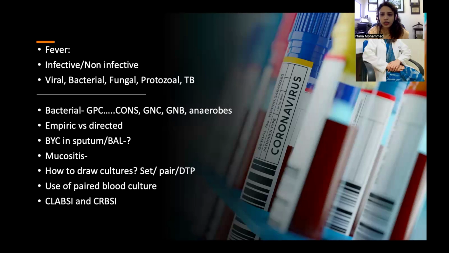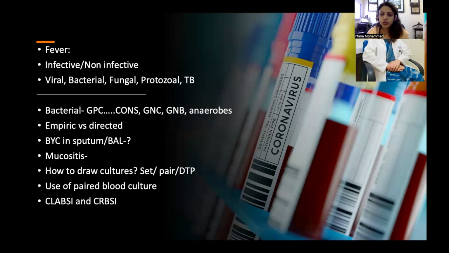In Enterobacteriaceae, you have E. coli and Klebsiella, and the rest like Pseudomonas, Acinetobacter do not come under Enterobacteriaceae. They are non-Enterobacteriaceae. And anaerobes, you have Bacteroides and all these anaerobic organisms.